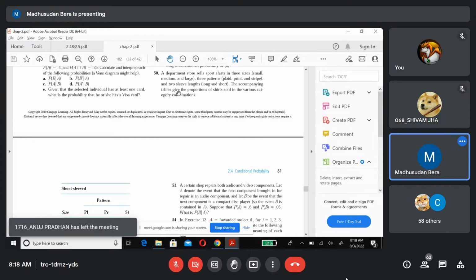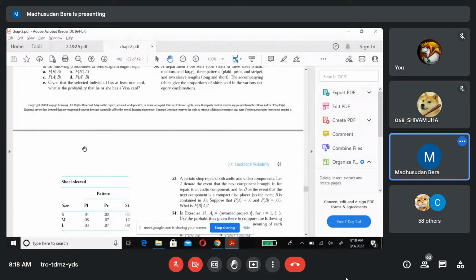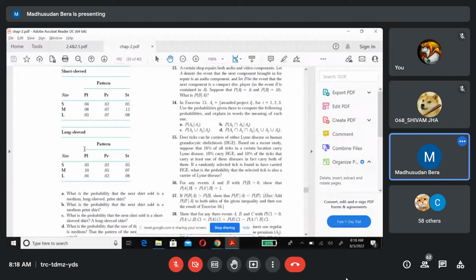The accompanying table gives the proportion of shirts sold in the various categories. Three sizes: small, medium, large. Three patterns: plaid (PL), print (PR), stripe (ST). Then two sleeve lengths, short and long. What is the meaning of this?